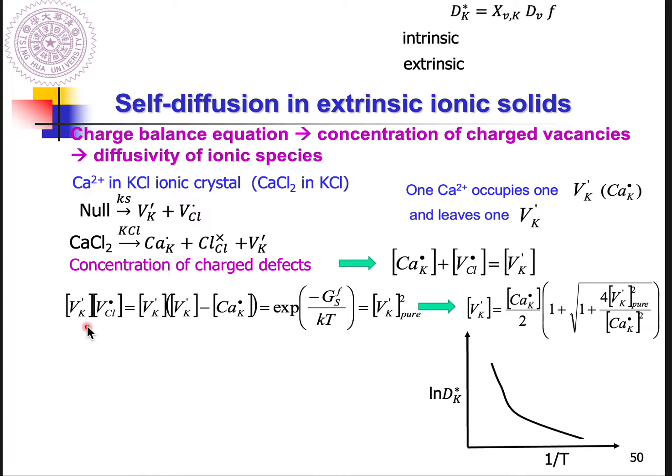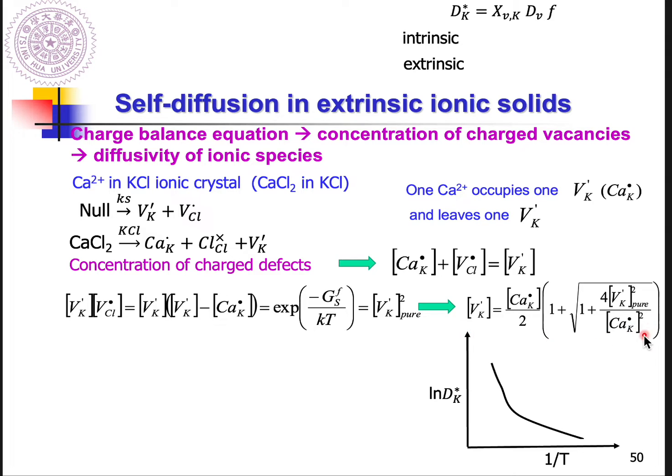So here we use the same concept. We use the negative charge and positive charge, equal to the before-dopant VK prime. So this term, vacancy at the chloride side with 1 positive charge, will be substituted by VK minus this term. So based on this equation, we can simply get the vacancy fraction at the potassium side expressed like this.